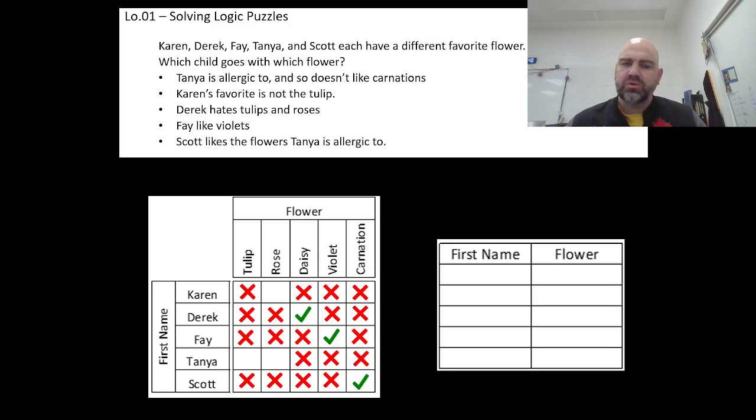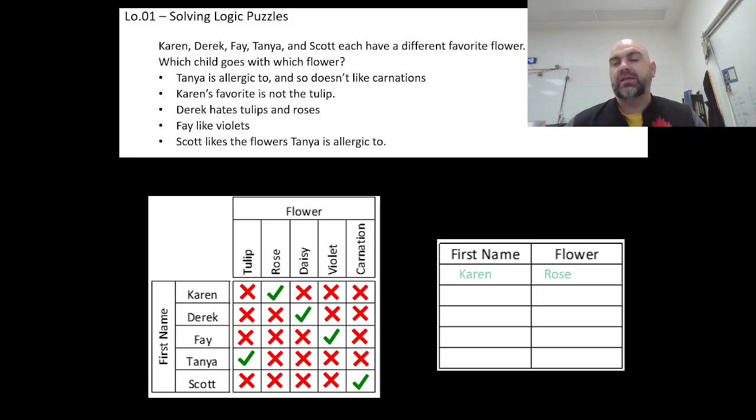But before we do that, I just want to quickly go back to Tanya. Even though Tanya has two spots open, if we look at the tulip column, there's only one available. So Tanya is going to have to like the tulip. So I'm going to do Karen and rose, X off that, and then Tanya and tulip, and now we have all of our answers.